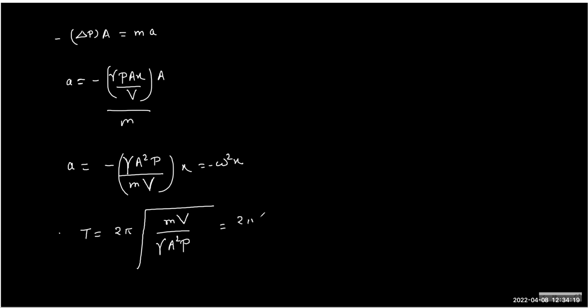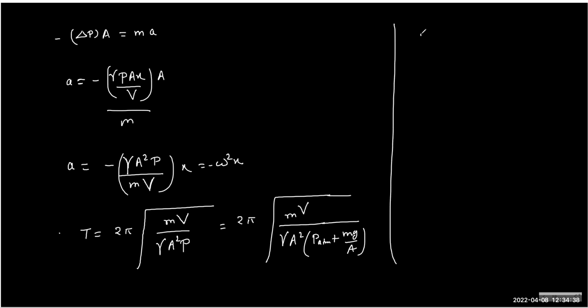And if you want, you can replace it with mg: gamma A squared, and P at equilibrium was P atm plus mg by A. Now you can take one special case: if P atm is 0, then the answer will be really nice.